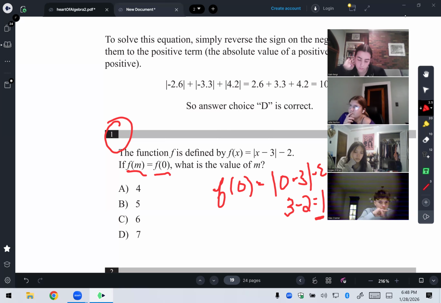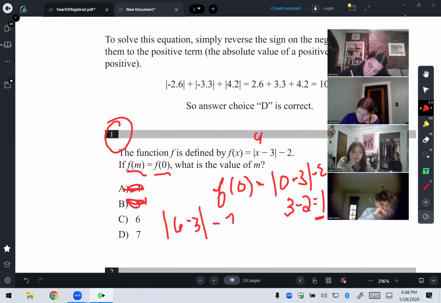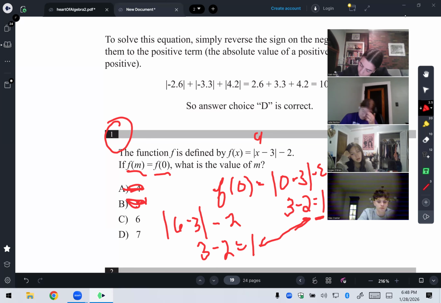If I try 4, I'm going to get 4 minus 3 is 1, minus 2, which is -1. That doesn't work. 5 is 2 minus 2, which is 0. But look at 6. Absolute value of 6 minus 3, minus 2. So that would be 3 minus 2, which equals 1. And so we have a winner with C.